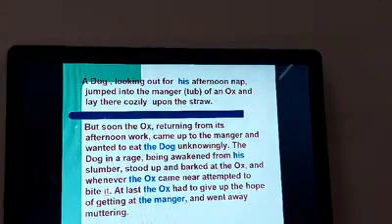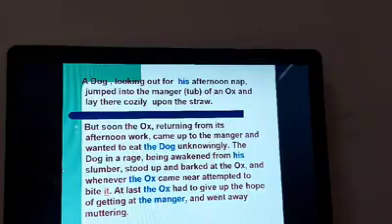And after clearing all the unclear expressions, the paragraph will be like, a dog looking out for his afternoon nap jumped into the manger of an ox and lay there cozily upon the straw.